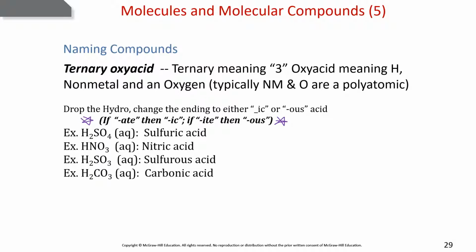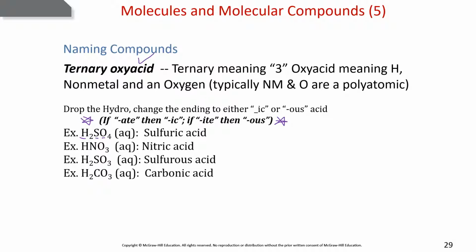Okay, so if I look at H2SO4, I see 1, 2, 3 different entities, ternary. That hydrogen out in front tells me it's an oxyacid. If it were a metal out in front, it would be a ternary ionic, but it's not, it's a hydrogen, so it's an oxyacid. The SO4 makes up my polyatomic.